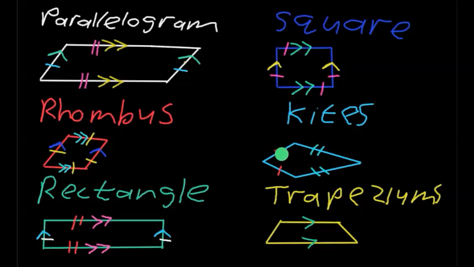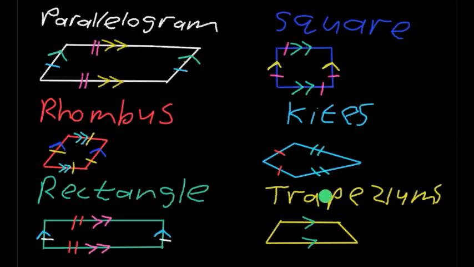The two red lines show that this side and this side have the same length, let's say 3 centimeters each. The two green lines show that this line here and this line here that form this angle again have the same length, let's say 7 centimeters each.